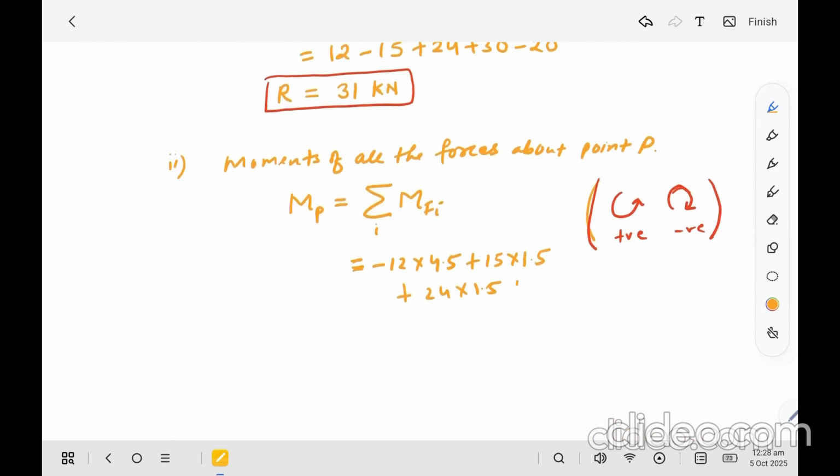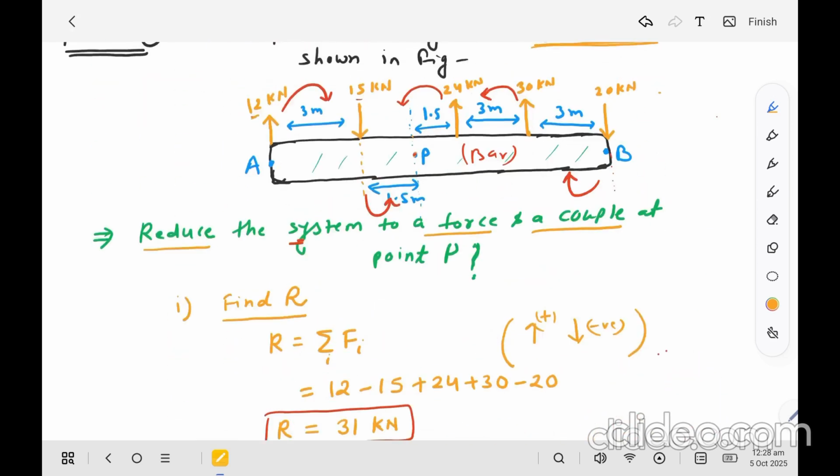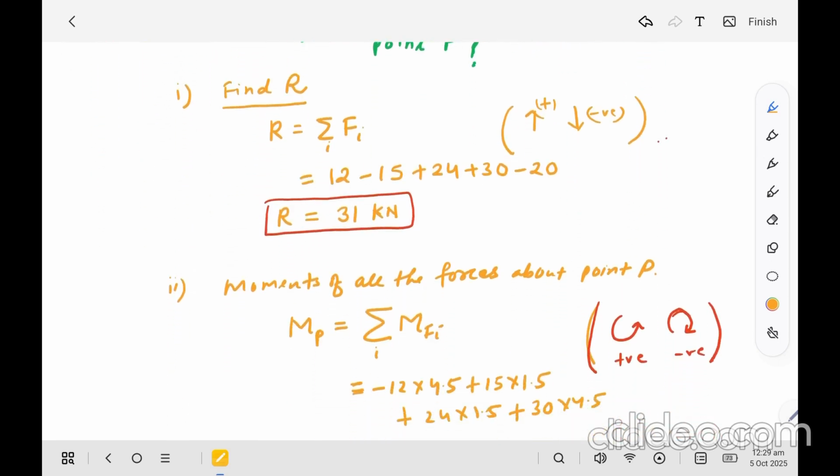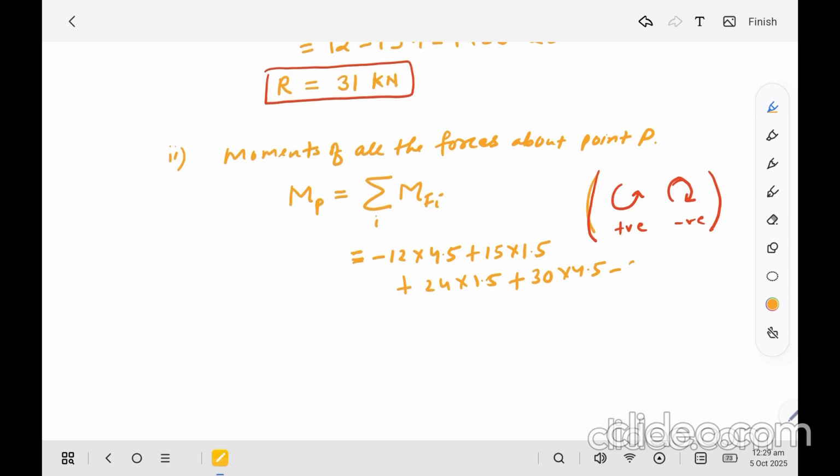So plus 30 into 4.5, and this force 20 kilonewton has a tendency to rotate the object in clockwise direction. The distance of this force from point P is 7.5 meter. So minus 20 into 7.5.